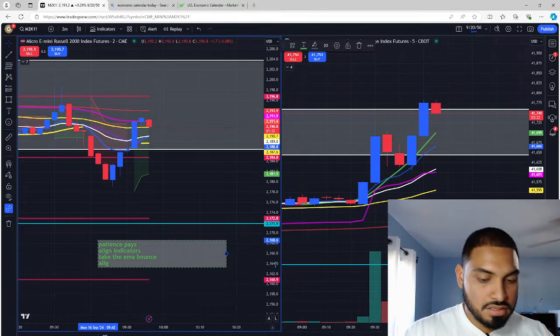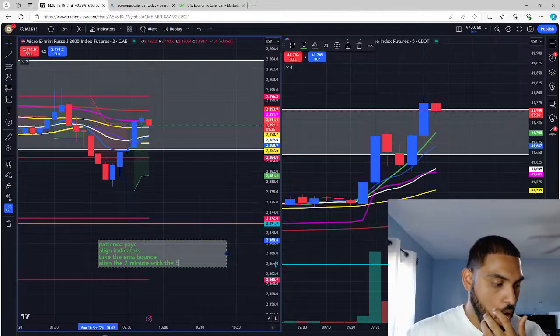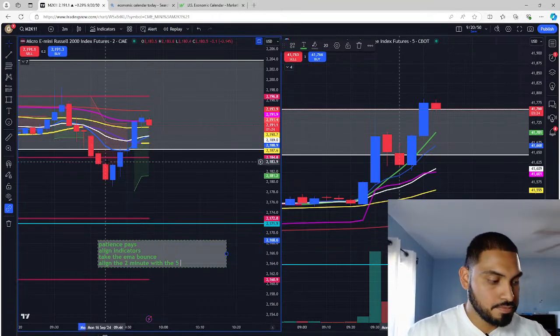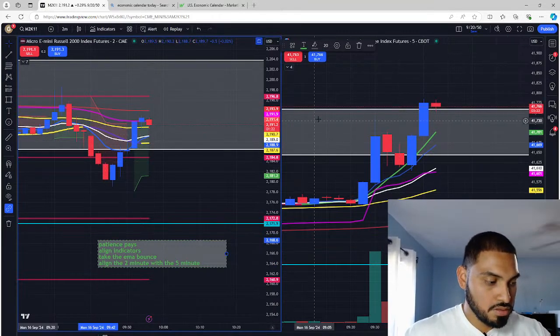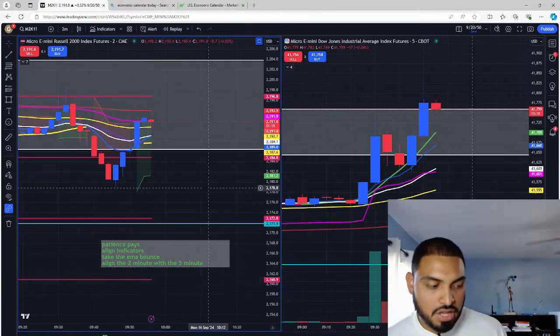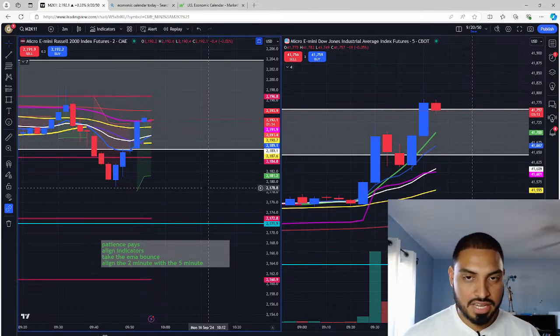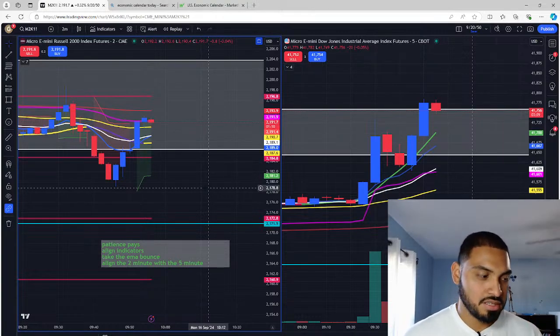Align the 2-minute with the 5. Okay, so that's what I'm looking for. Patience, aligning indicators. We're taking EMA bounce, and we're aligning the 2-minute with the 5-minute.